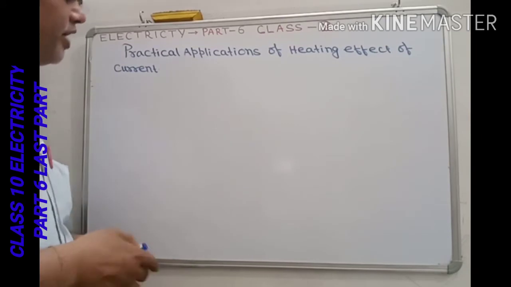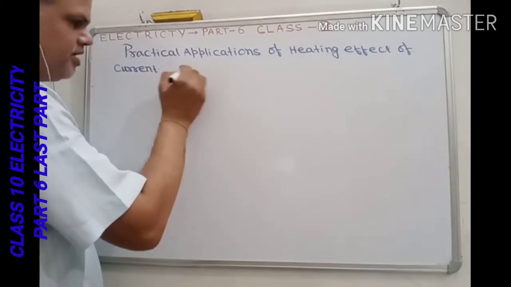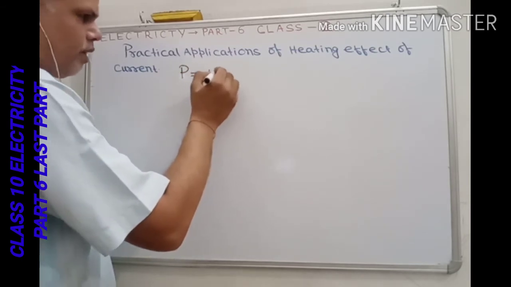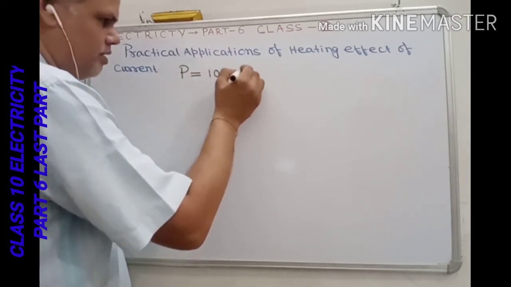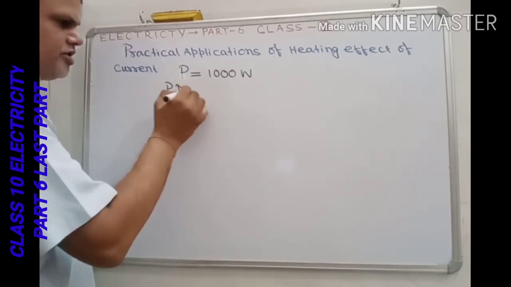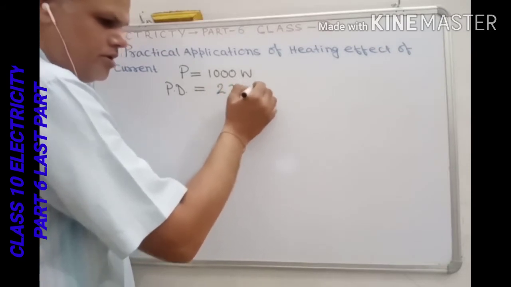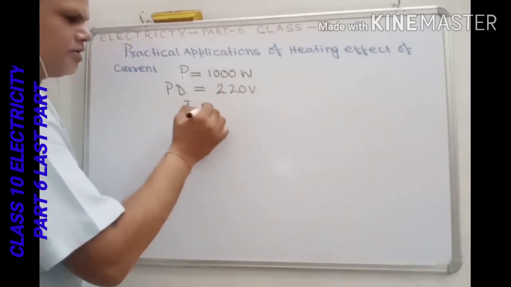We have seen here that the power of the electric iron, P, is 1000 watt, and the potential difference on which it works is 220 volt. Then we have to find out the current.